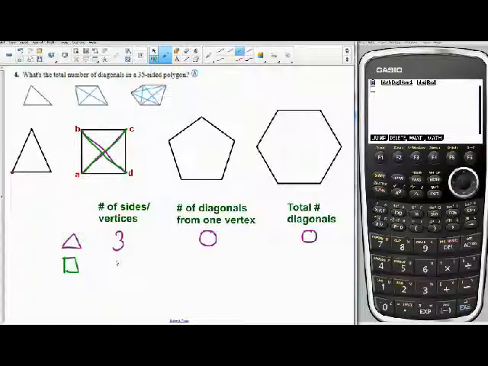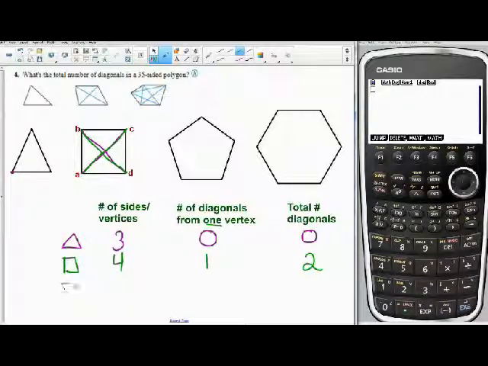I have 4 sides, 4 vertices, and from one vertex I'm able to do just 1 of these. I told you about double counting, and we're going to come back to that real soon. Oops, total number. I'm sorry, I did that wrong. I need to put a 1 here. I'm doing things in my head. I have made all kinds of mental math mistakes today. So we only have 1 from one vertex right here.